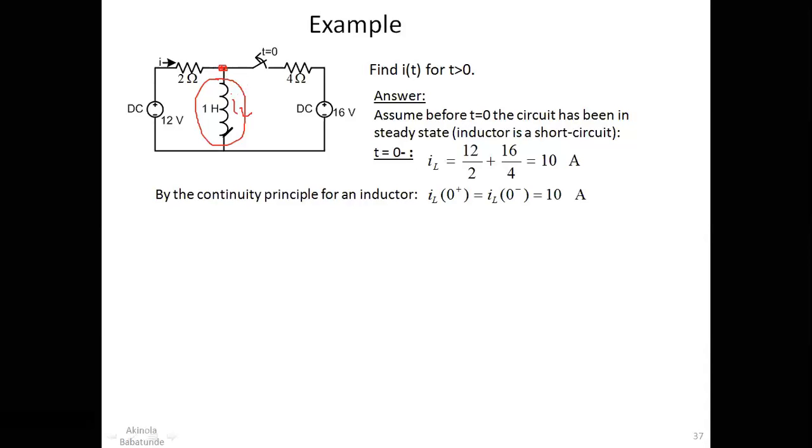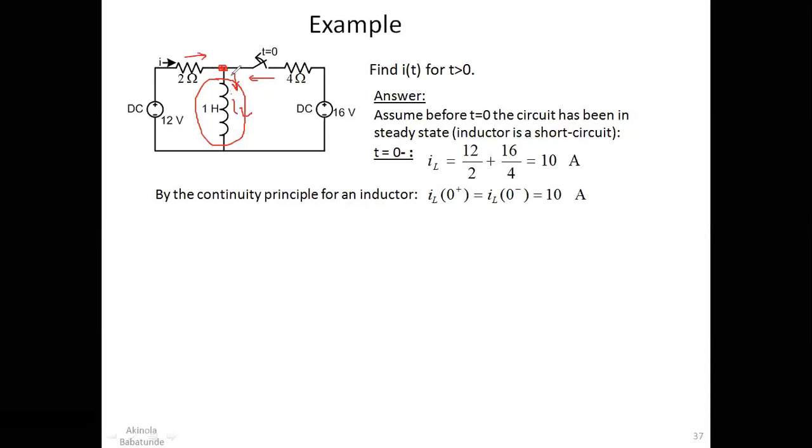The current passing through the 2 ohm resistance will be 12 divided by 2, and the current passing through the 4 ohm resistance will be 16 divided by 4, as you can see here. These currents come into the node, and then this will be the current going this way, IL.